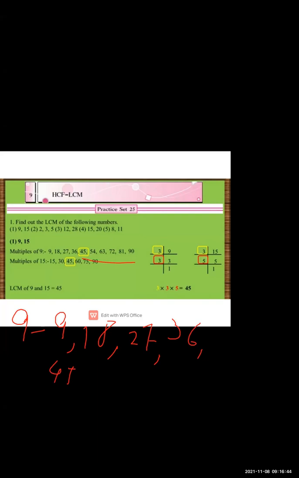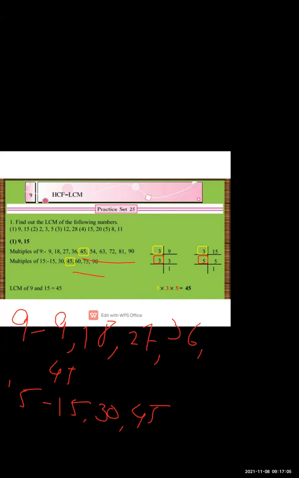Multiples of 15: 15 ones are 15, 15 twos are 30, 15 threes are 45, and so on. This is a smaller number, so you all know the table. You can write it like this. आप लोग मल्टीपल उसका निकाल सकते हैं.